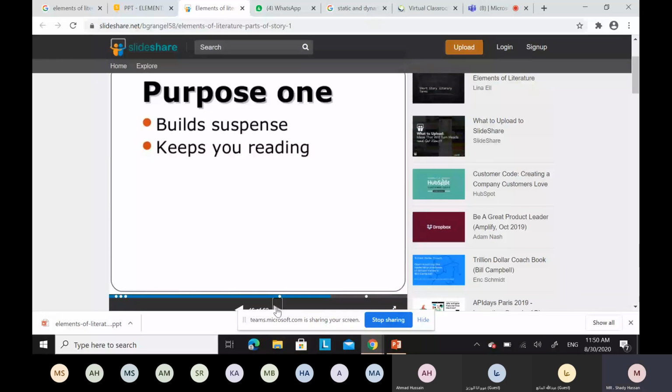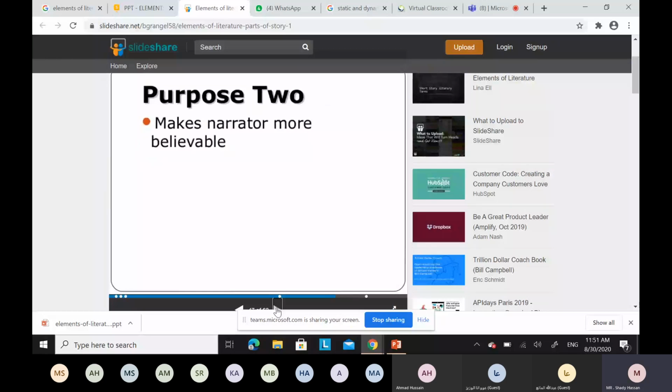When you've got suspense, you're going to keep going to know if what you suppose is correct. Is it right? Or you don't know at once, so you want to know more. The second purpose is it makes the narrator more believable.